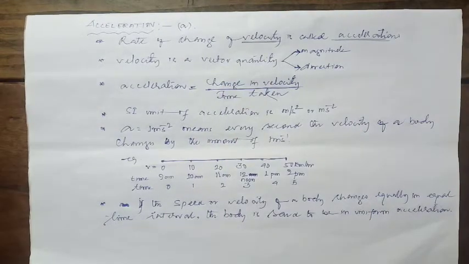Velocity is the speed of a body moving in a particular direction. So rate of change of velocity means at what rate the velocity of a body is changing. Every second, how fast or how slow the body is moving and in what direction. So rate of change of velocity is called acceleration.